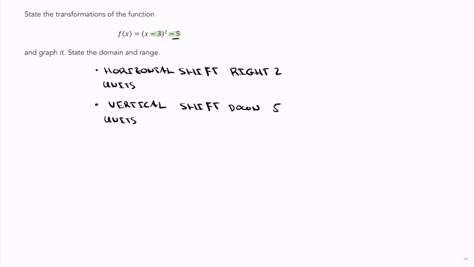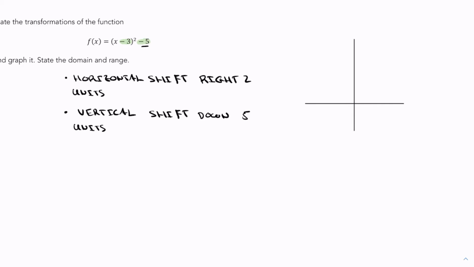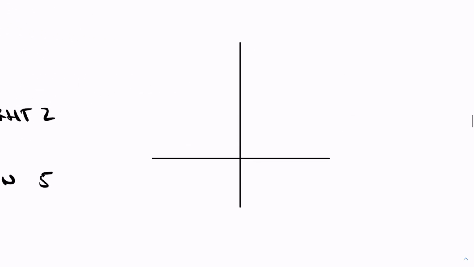Well, this is a very simple case because we're not doing too much here. But let me draw an x and y axis. So this is my x, and this is, sorry, that's my y. Here's my x. So my base function, y equals x squared, is just going to be (0, 0), (1, 1).